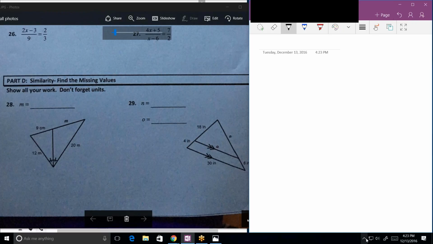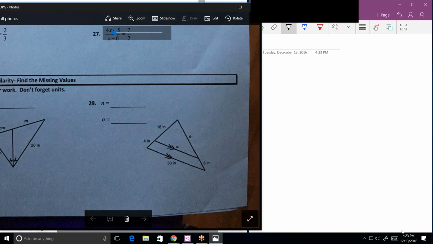Now, 29 is a little, well, tell me what ratios to write in 29 to solve for n first.